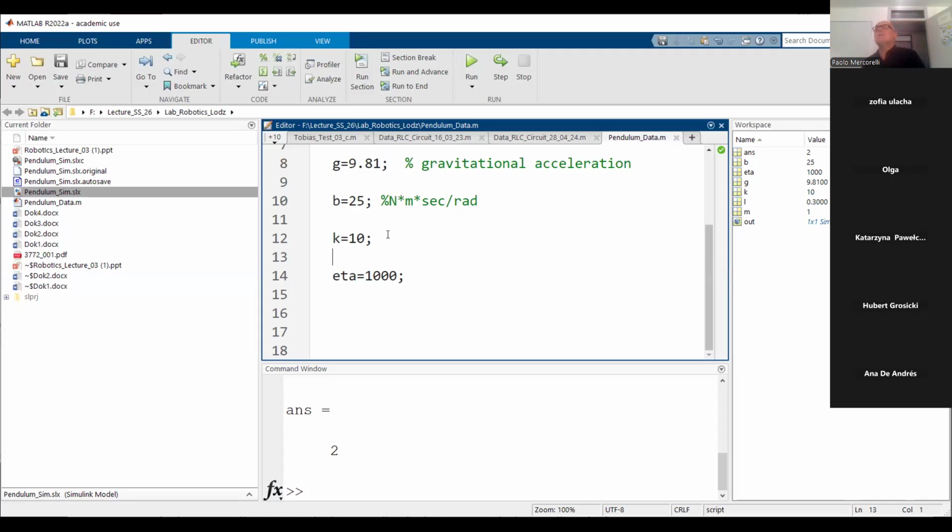Because in order to guarantee that V derivative equals 0 at the point, I have to guarantee it around the point. Let me show you here.